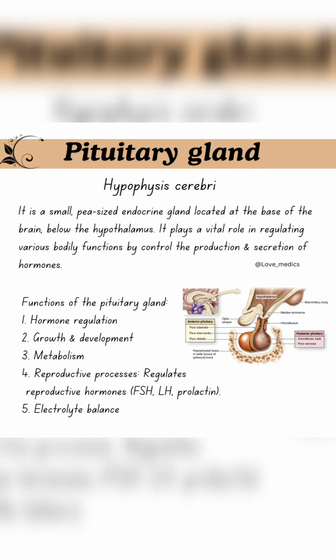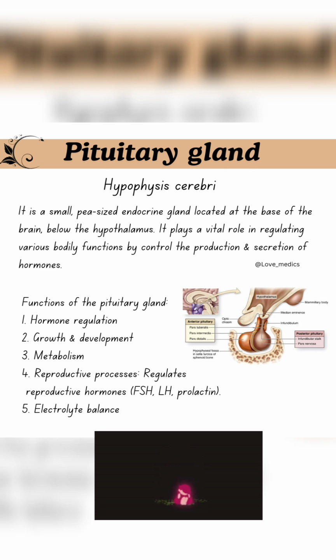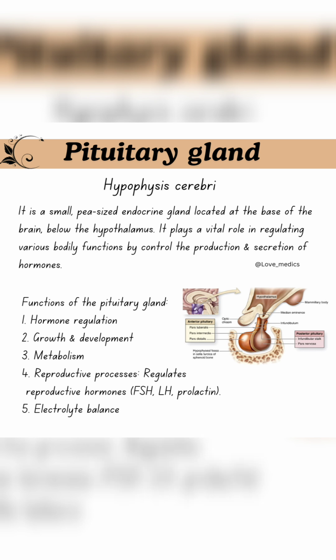It is a small pea-sized endocrine gland located at the base of the brain and below the hypothalamus. It plays a vital role in regulating various body functions by controlling the production and secretion of pituitary hormones. So the functions of the pituitary gland are hormone regulation, growth and development, metabolism, reproductive process.